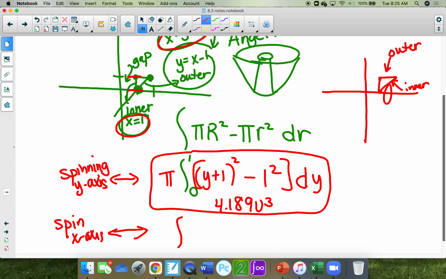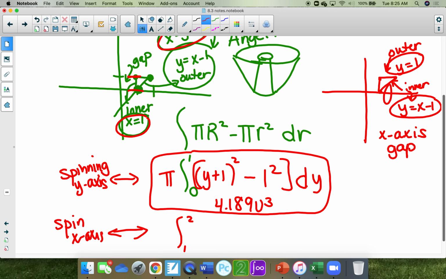And the outer one would be y equals 1, and the inner one would be y equals x minus 1. And you see that when you're spinning it around the x-axis, it would also have a gap, and it would make a different shape. And you would be going from 1 to 2, I think, yes.